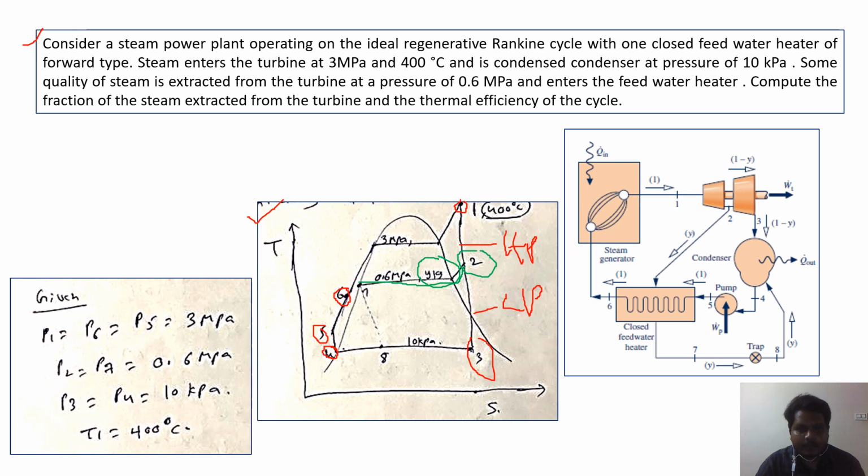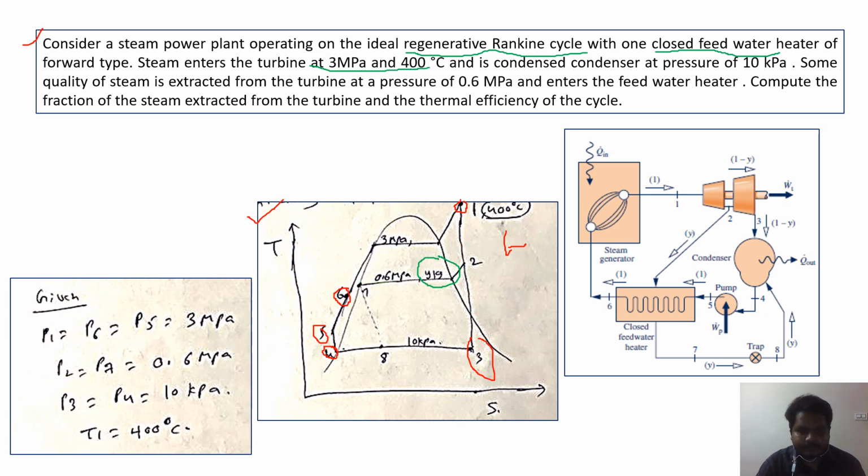Now let us solve a problem on the closed feed water heater. In this problem they clearly mentioned that it is a regenerative Rankine cycle with a closed feed water heater. They have given that steam enters the turbine at 3 megapascal and 400 degrees centigrade.